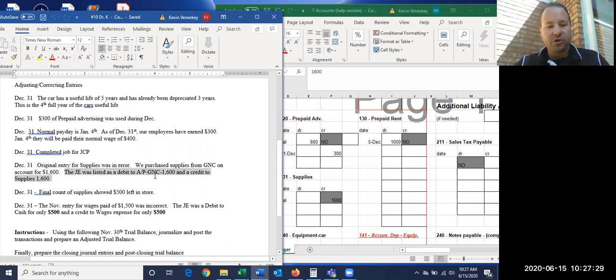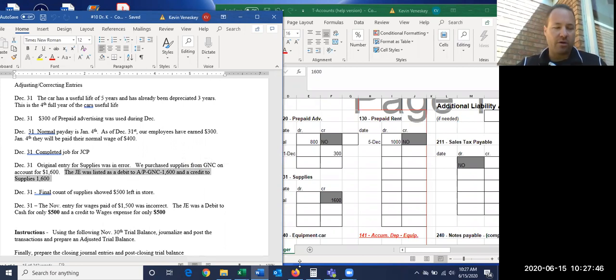However, the journal entry was originally listed as a debit to the AP and a credit to supplies. So what that's basically telling us is they did it in reverse. They flipped it. They put the debit where the credit should be and the credit where the debit should be.